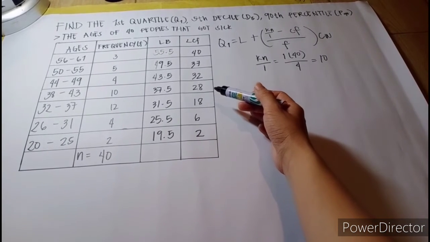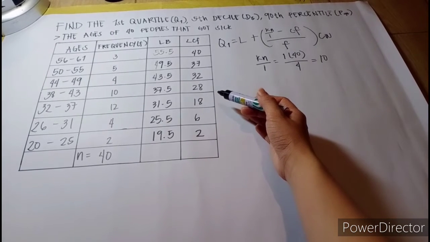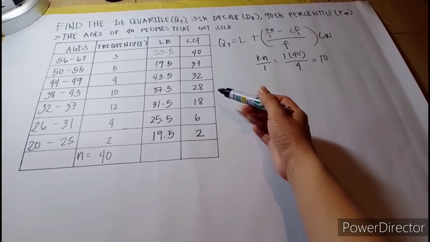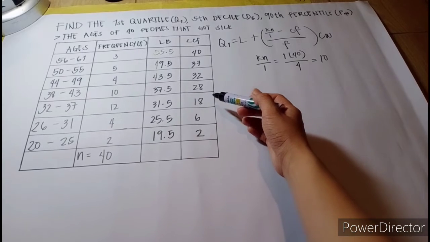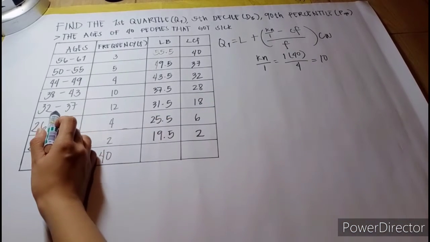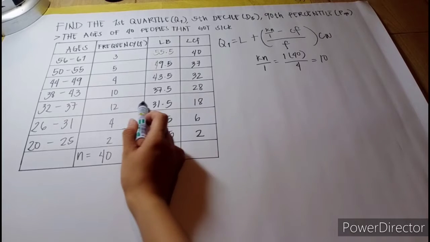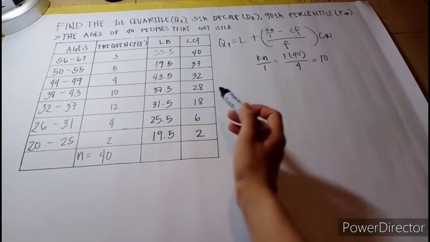Therefore, we will get the class of 18. From that, we will get the other values that we are also looking for in our formula. So this is the class that we need, 18.